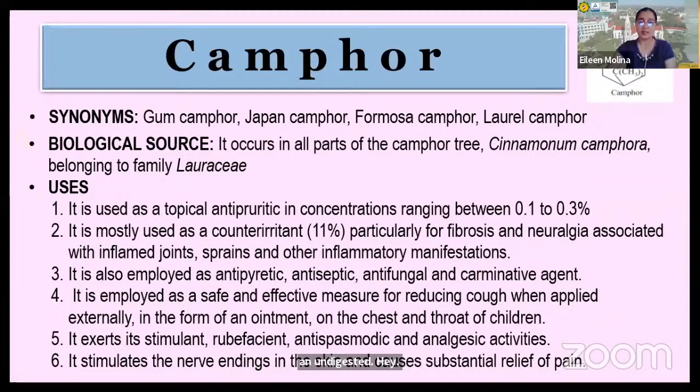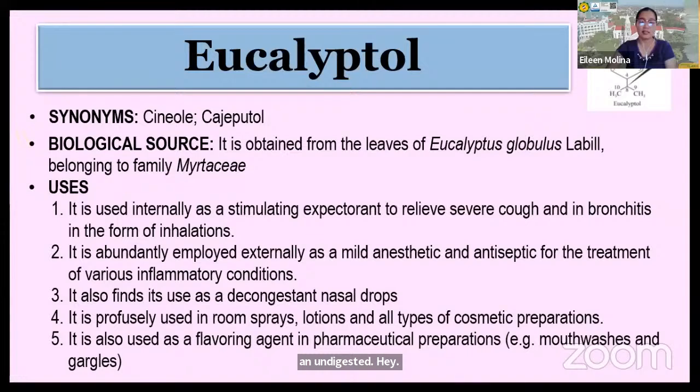The next is eucalyptol. Eucalyptol is obtained from the leaves of Eucalyptus globulus. It is used internally as a stimulating expectorant to relieve severe cough and in bronchitis, and in the form of inhalation. So the preparation for eucalyptol is through inhalation dosage forms.